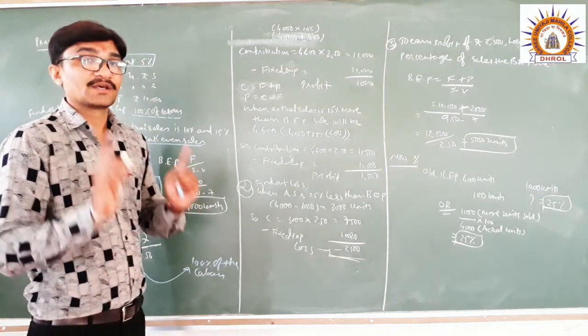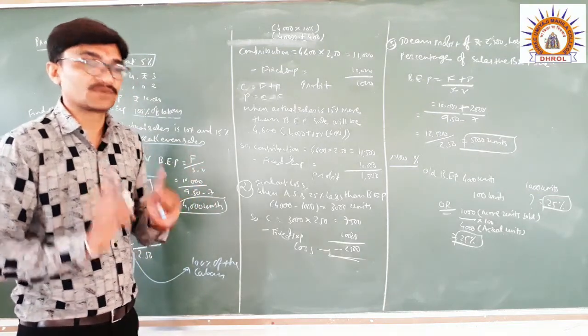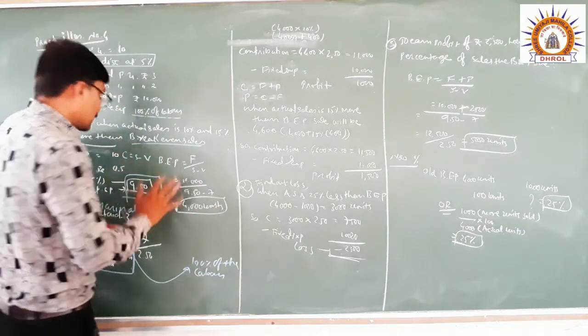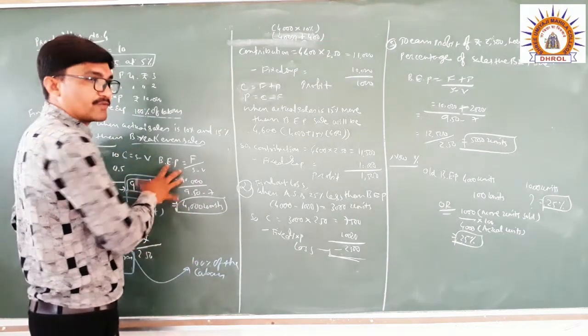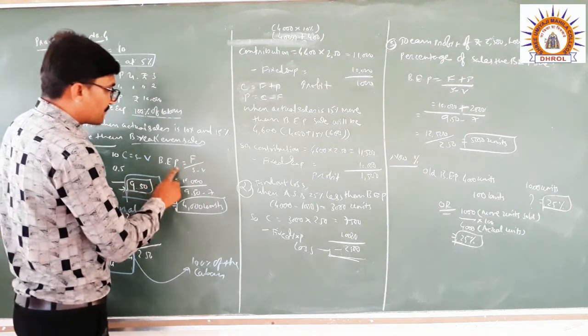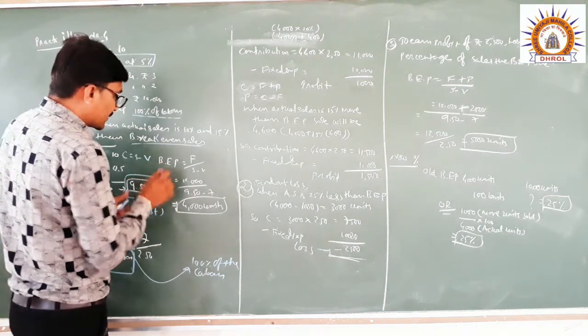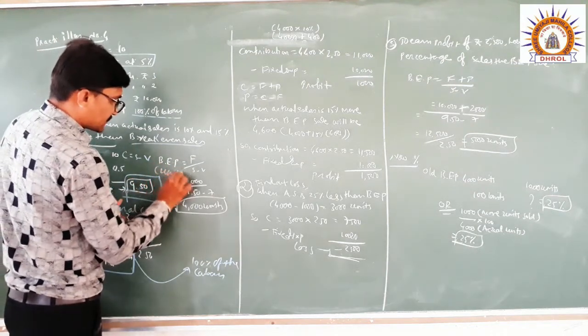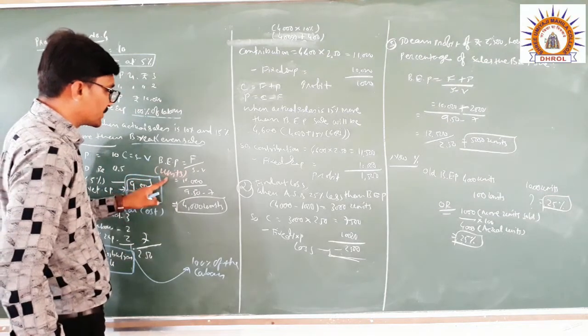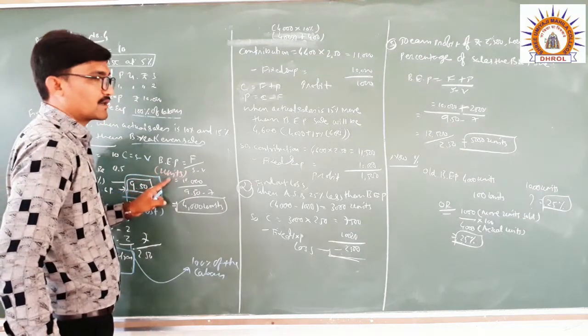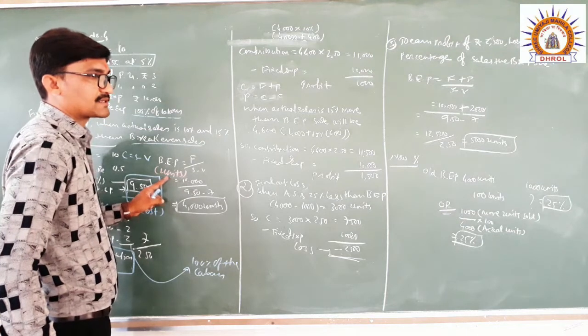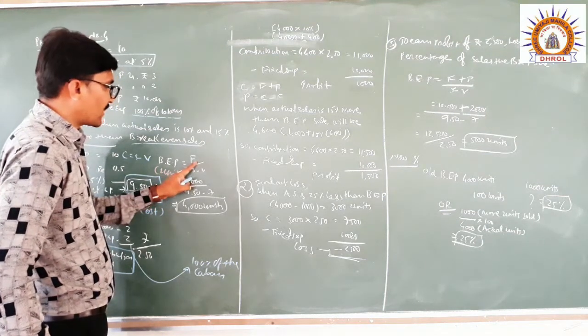If single year data or single information is given, then through that we can calculate B, the break-even point in terms of units. Here you can also call it break-even sales in terms of units.